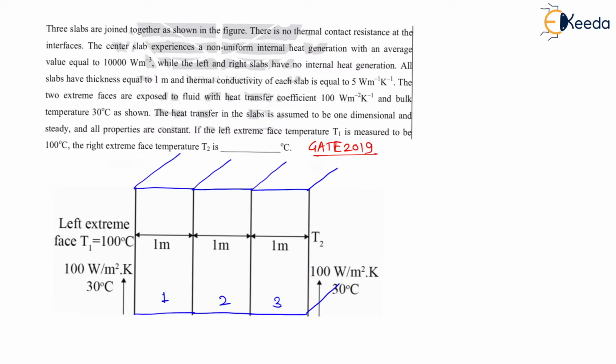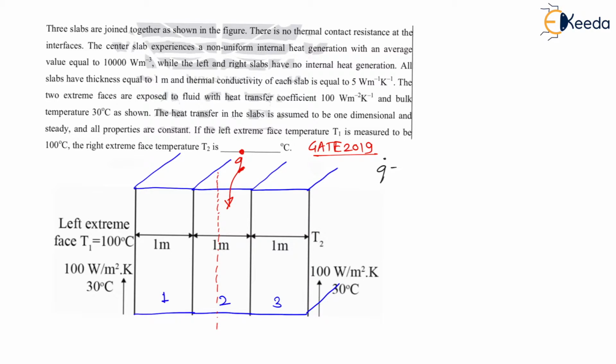Now my dear students, here in this middle slab there is uniform heat generation at the rate of 10,000 watt per meter cube. Therefore, because of this uniform heat generation, somewhere in between there will be a maximum temperature that we have seen, right? Let us say on this axis, as there is a uniform heat generation in the center slab, there is a q dot, right, only for the center slab, and this q dot is given here.